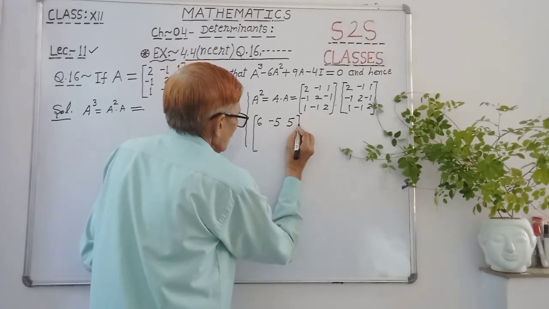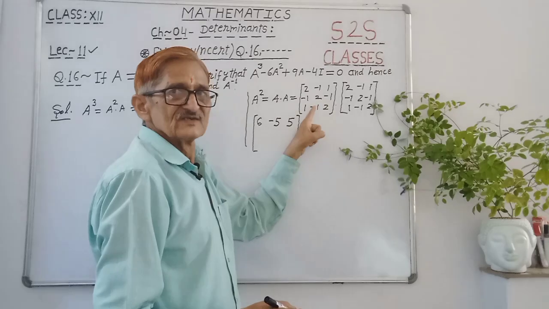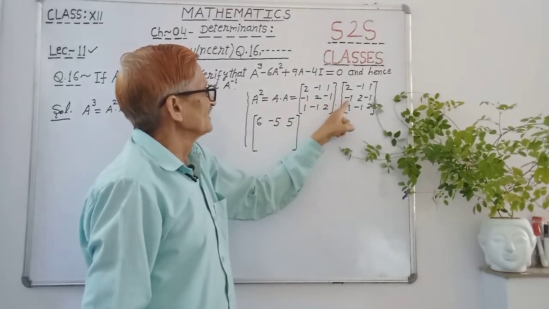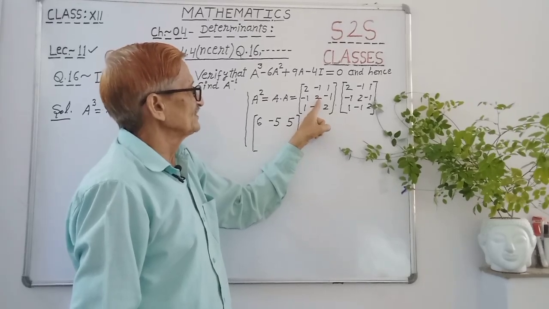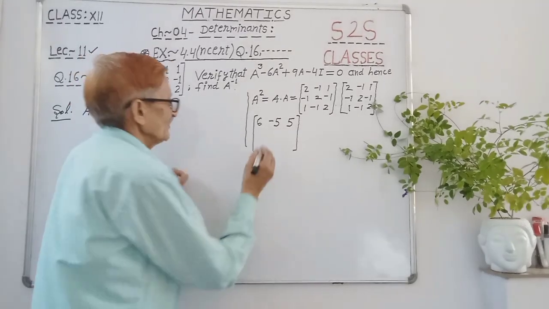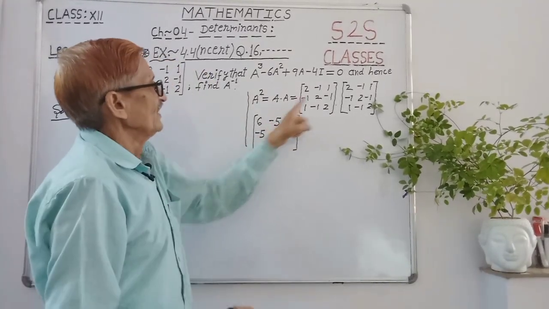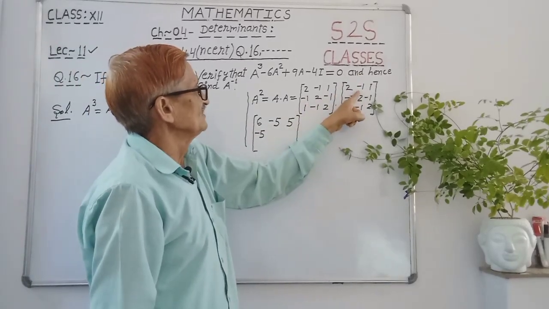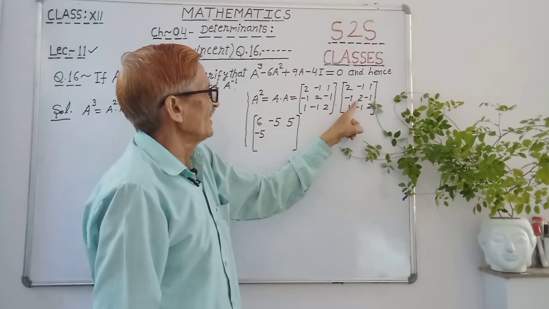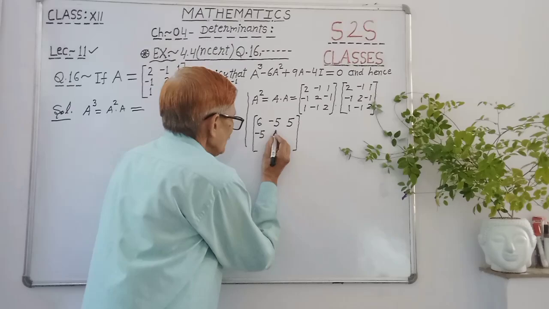Be careful in the sum and the product. Okay, second row starts. Similarly, minus 1 into 2 is minus 2 and 2 into minus 1 is minus 2, so minus 4, and minus 1 into 1 is minus 1, minus 5. Now with the second column, minus 1 with minus 1 is 1, 2 with 2 is 4, 1 plus 4 is 5, minus 1 with minus 1 is 1, 5 plus 1 is 6.